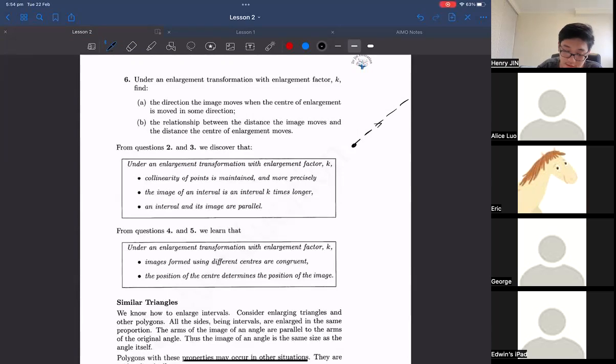So collinearity is maintained. And because your factor is K, if you go from P to P prime, OP prime will be K times as big as OP. If K is 2, you double the distance. If K is half, you halve the distance.